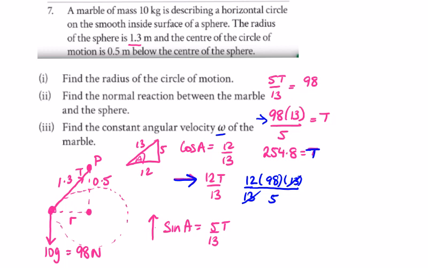So again, that doesn't work out evenly. 12 by 98 divided by 5. Well, let me see here, what does the right hand side become? M is 10 by w squared by the radius, which is r down here, which we got, it's going to be 1.2 with the decimals. 10 by 1.2 is 12.